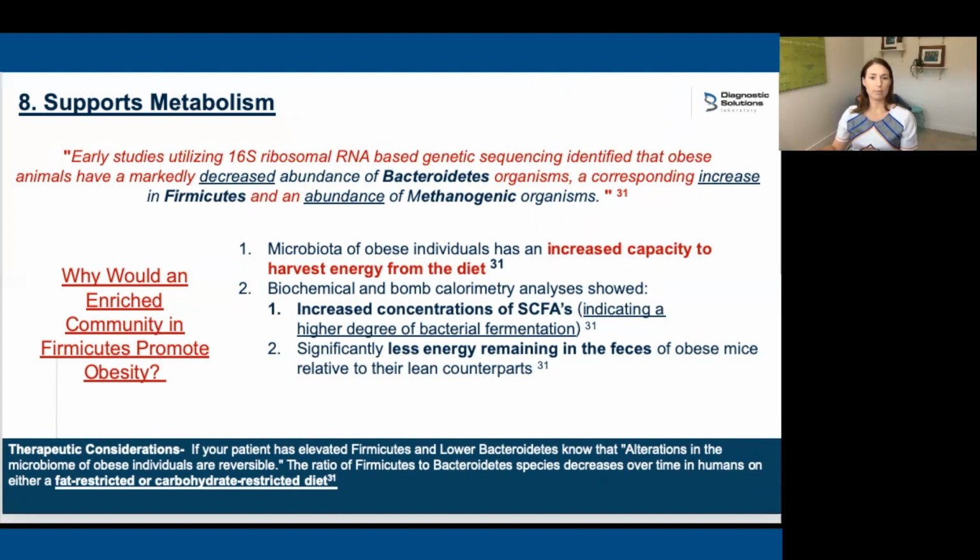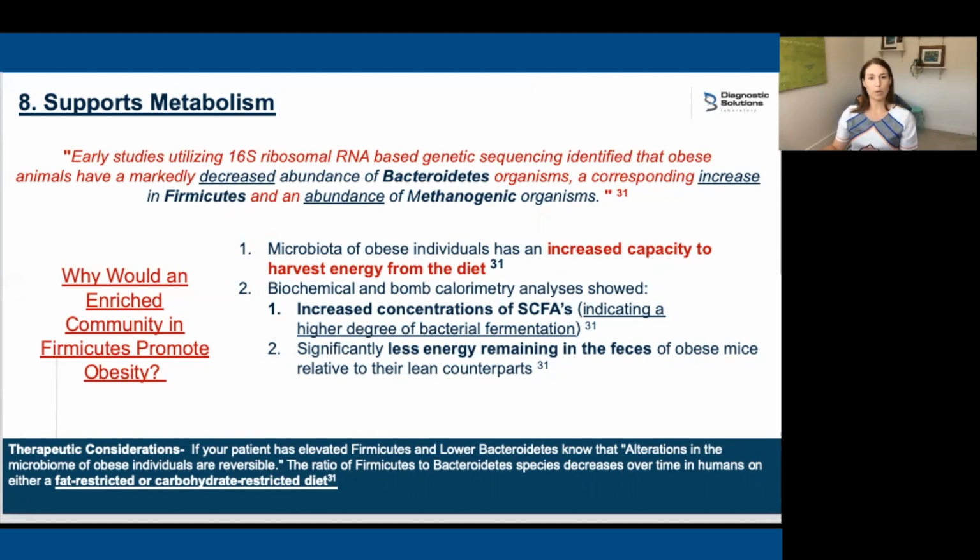The microbiota of obese individuals has an increased capacity to harvest energy from the diet. Calorimetry analysis showed increased concentrations of short chain fatty acids and significantly less energy remaining in the feces of obese mice relative to their lean counterparts. Essentially, the Firmicutes are extracting a higher caloric density from the foods, making them more prone to obesity.